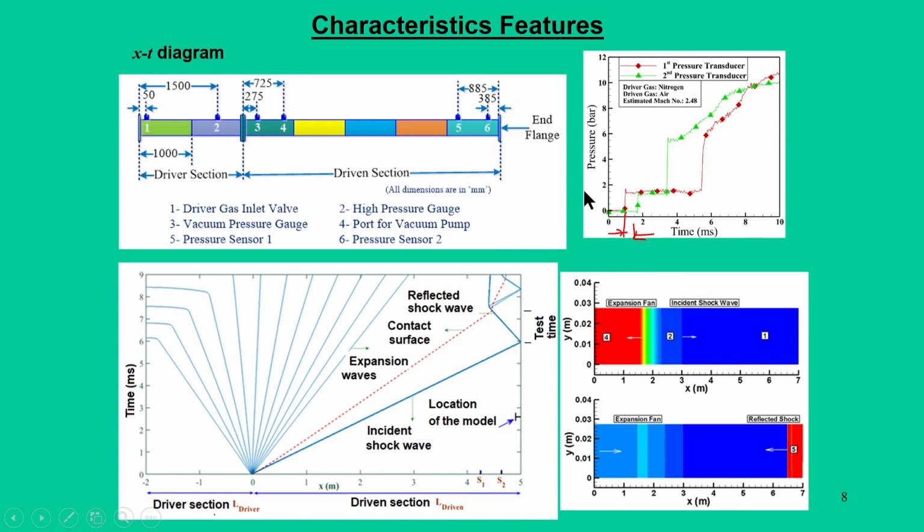So, distance and time will give you the shock wave velocity. The first peak talks about the primary shock pressure, and the second peak gives you the subsequent pressure after the reflected shock. However, if you look at our test time, the test window is closed, because immediately after the reflected shock there is hardly any time.